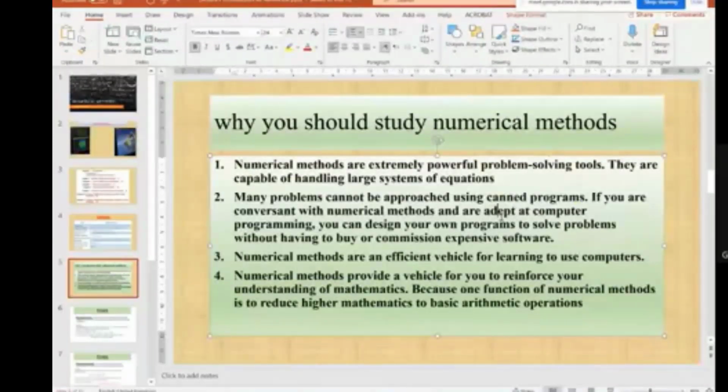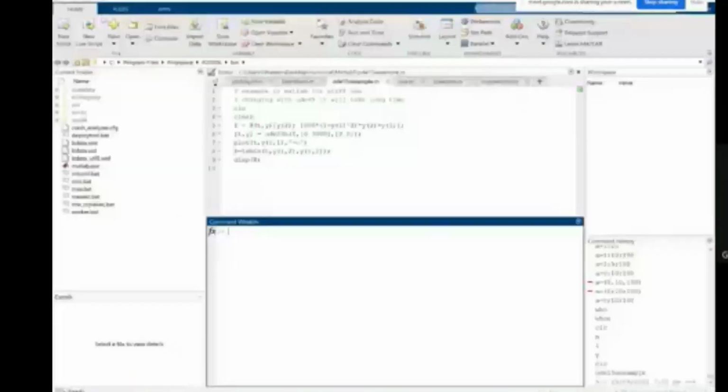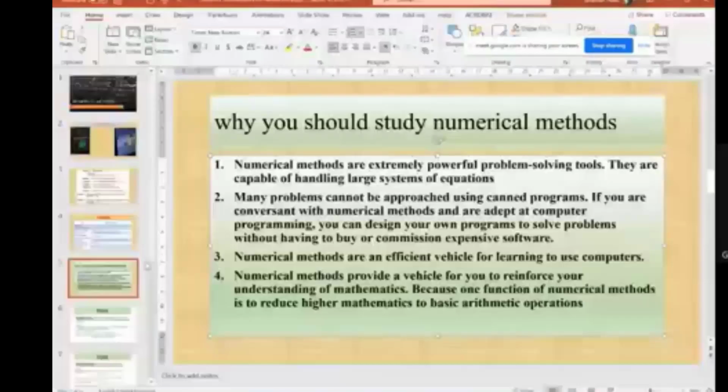We will use many programs, mainly MATLAB, and we will learn it inshallah, and we will use Excel to solve the problems. Then you need to make your program by yourself.